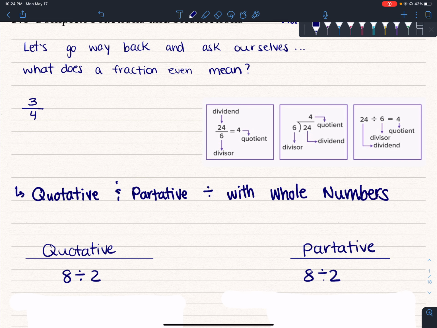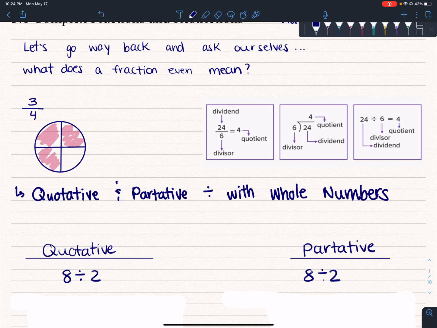You can see it as an entire thing, a whole, that's been divided up, cut into 4 pieces, and you have 3 of those pieces. So you can visualize it that way.